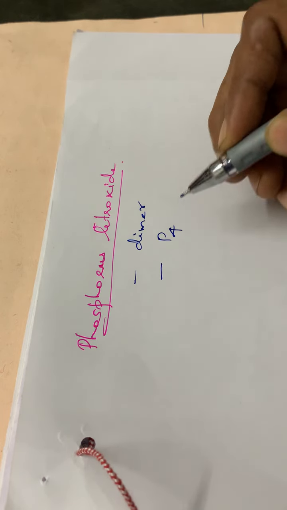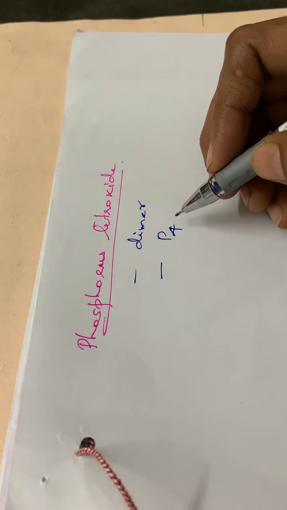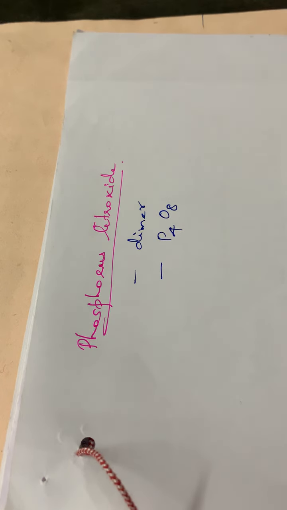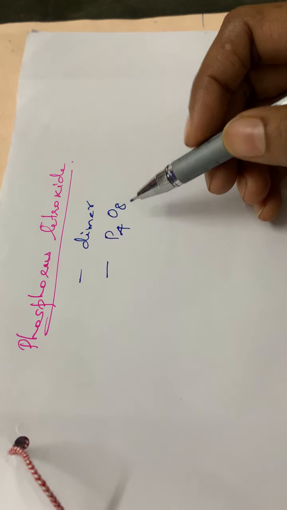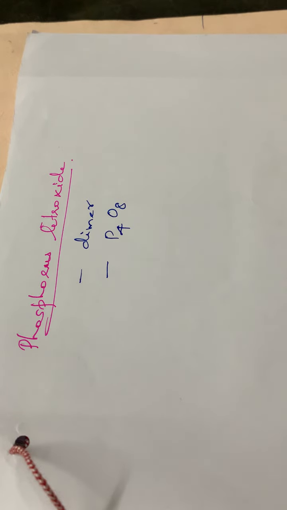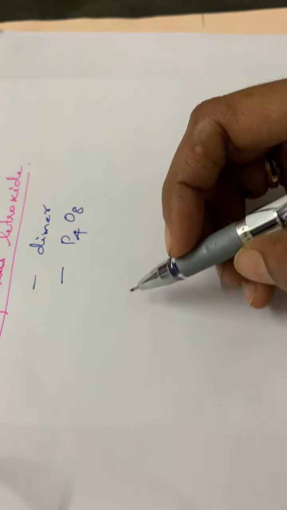That means P4, it is fixed for any phosphorus molecule, then dimer means it will be O8. Okay, P4O8. Then again, we can go through the structure of this molecule. While comparing with the previous one, that is P4O6, here 2 oxygen atoms will be in addition, isn't it? So first of all, you can draw the tetrahedral phosphorus.